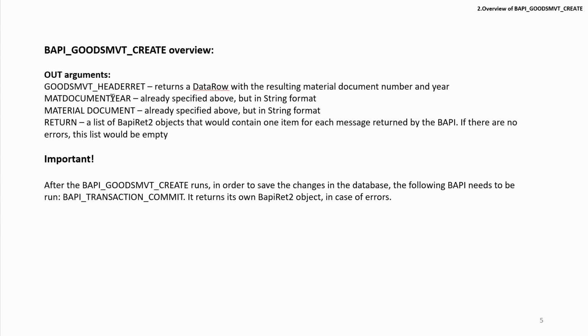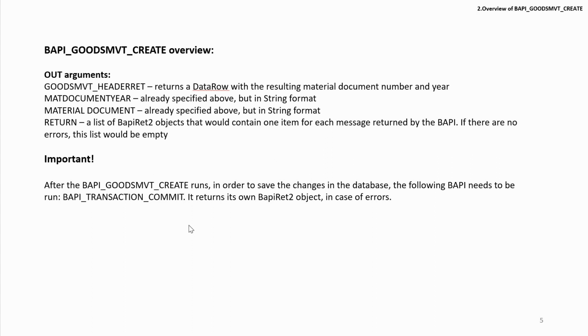For whatever reason, we get the same information in 2 strings as well, in mat document year and material document. And then what is most important probably is the return argument, which will provide a list of BAPI red 2 objects that would contain 1 item for each message returned by the BAPI. If there are no errors after the BAPI run, then this list will be empty.